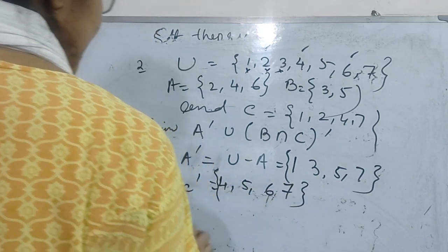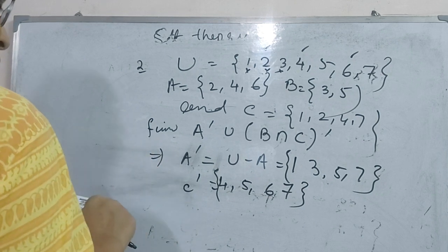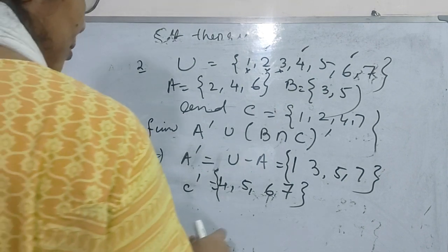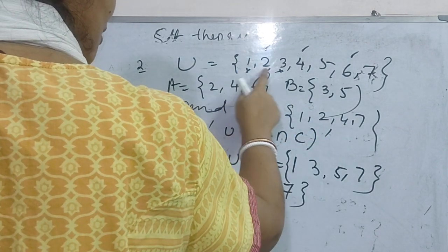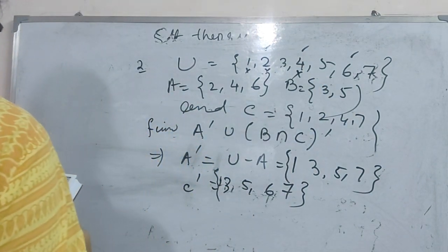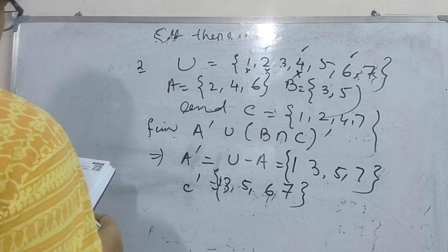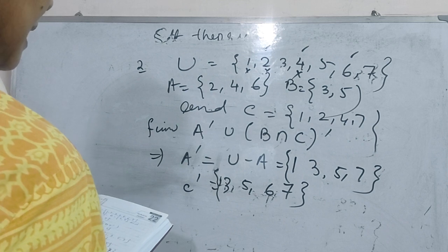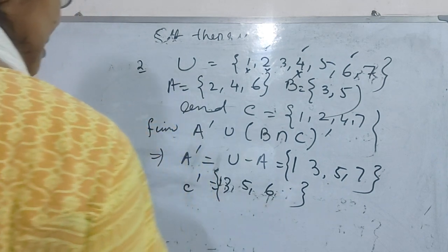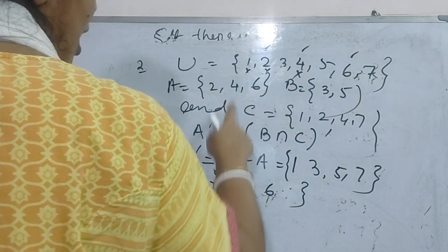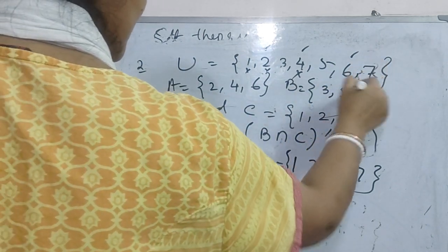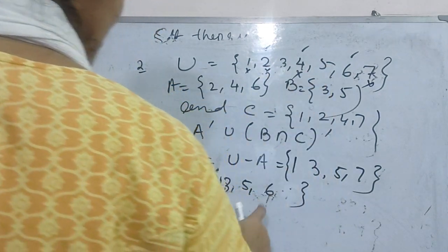The complement consists of the elements that belong to U but do not belong to C. C is {1, 2, 4, 7}, so C complement is 3, 5, 6. So I will get 3, 5, 6.